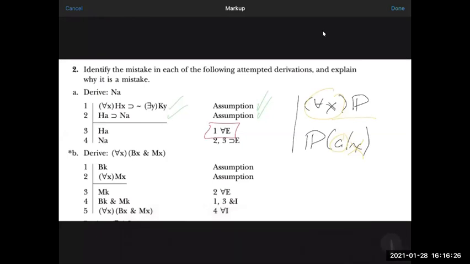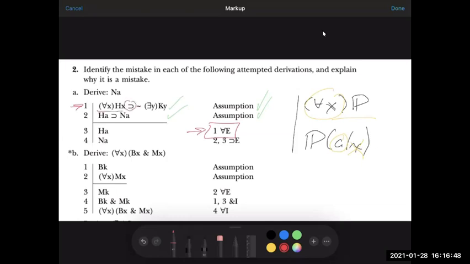And so if we're looking at this problem, well, here is the main issue. They allegedly went from number 1, right? So they're saying that they did universal elimination on that, but this is wrong on at least 2 different levels. The main operator here is not the universal quantifier. It's actually the horseshoe. So this rule, you can't even use it in this context.